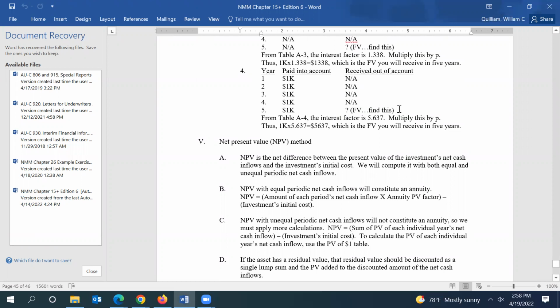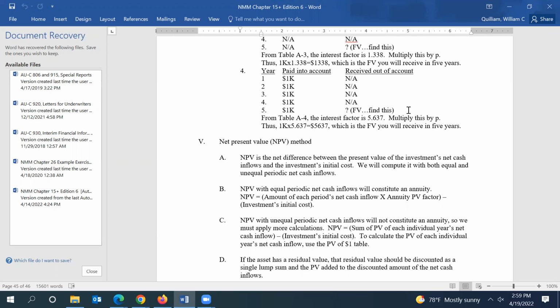Finally, at the end of 5 years, we're going to get the future value. It will be all those principals plus interest. So principal, I should say, is 1,000, but we pay it in 5 times. We pay $5,000 into this account. So that future value, is it going to be more or less than $5,000? Going to be more because we'll have interest.